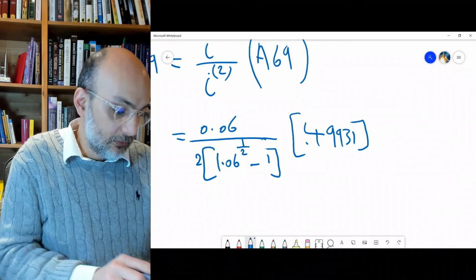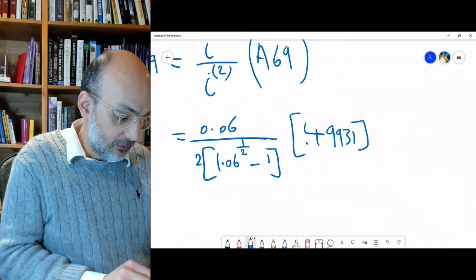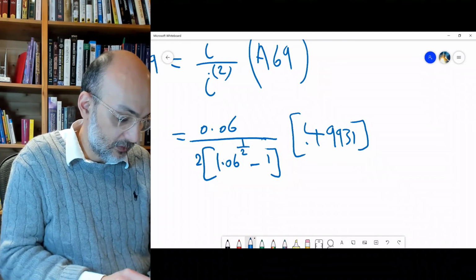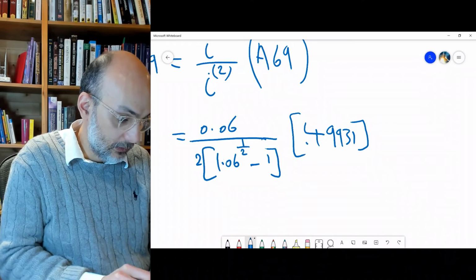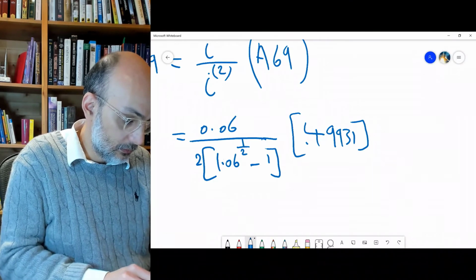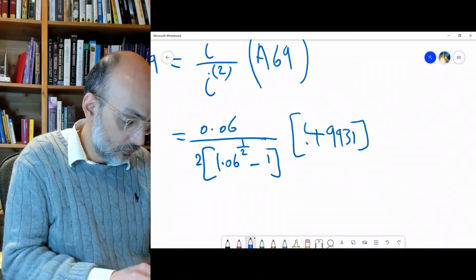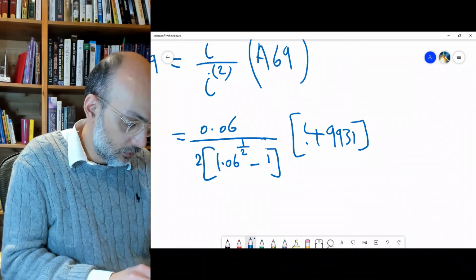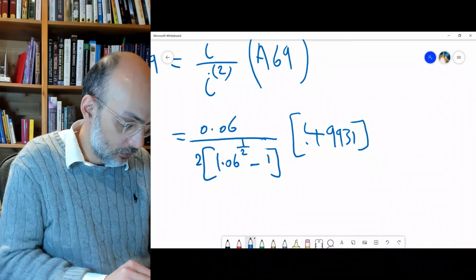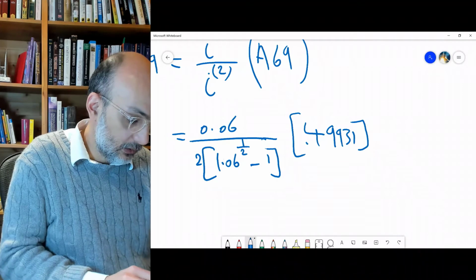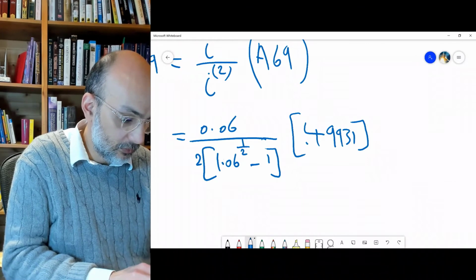If you do that, I'll do it quickly. 1.06 raised to 0.5, subtract from it 1, now multiply by 2, and now multiply by 0.9931.